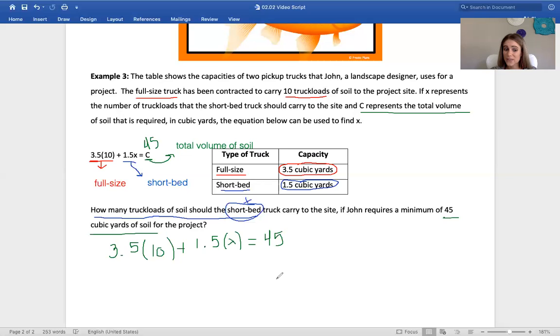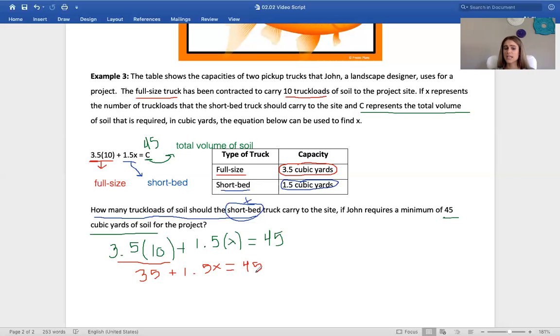However, I also have some multiplication, so we need to make sure we always simplify before we start moving things to the other side of the equation. So we'll begin with 3 5/10 times 10, which is 35, plus 1 5/10 x equals 45.